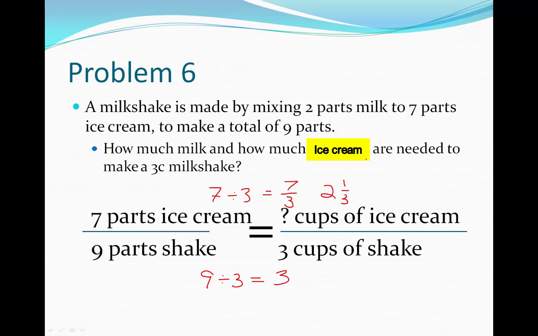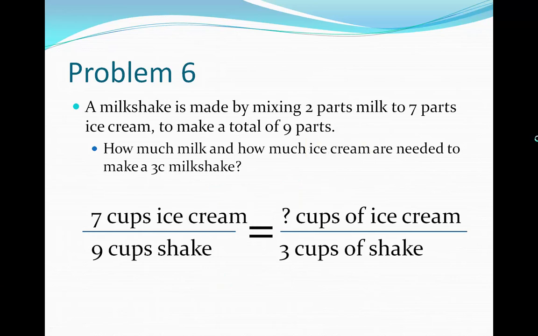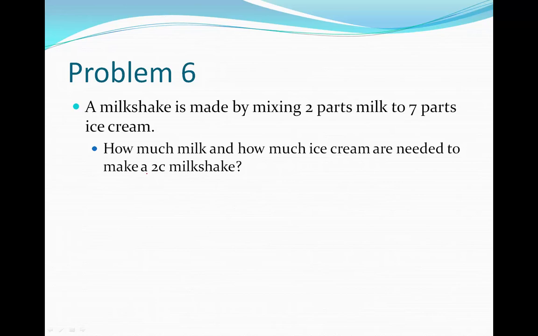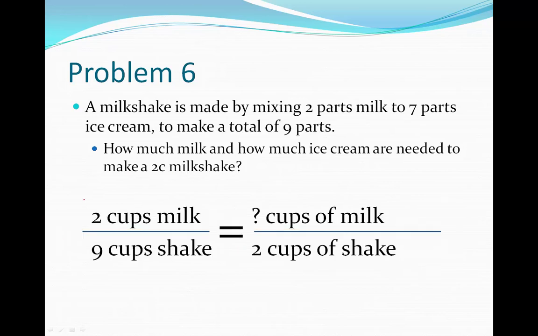Now the question about this is whether it can be generalized, and so since the relationship between 9 and 3 is very easy, a further question of interest would be if we can apply this to 2 cups of milkshake, where we have this relationship.